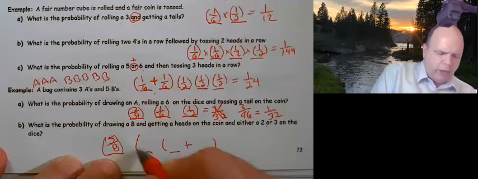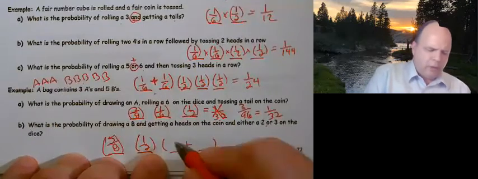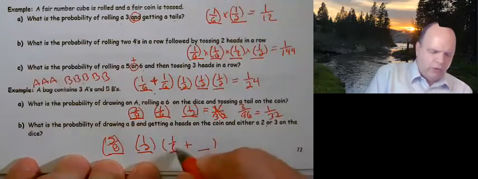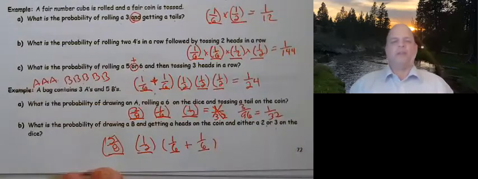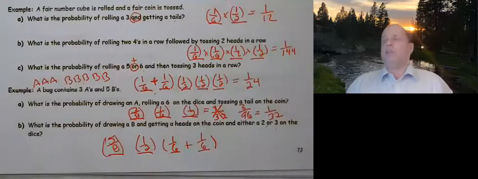Getting a heads is 1/2. A 2 is 1/6, and a 3, there's only one 3 out of 6, so 1/6. All right, and I'm just going to leave that one just like that. I will continue with probability into the next video, but I wanted to break them up so they wouldn't be too long.